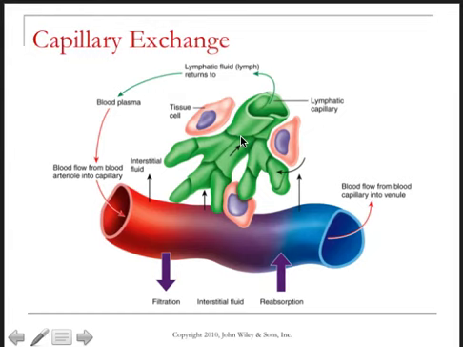Now, once that fluid has been cleaned, it's returned back to the venous circulation at the right and left subclavian veins up here under your clavicle. And at that point, we've protected ourselves in yet another way from the presence of disease. So this is an important role for the lymphatic system.